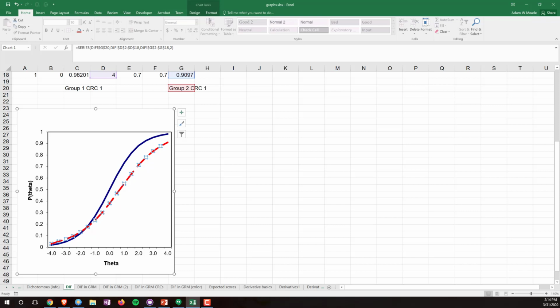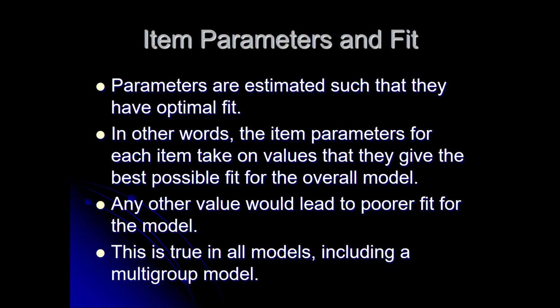So the point here is that any value that we could put in for those item parameters would lead to a fit of the model. So we normally estimate them from the data, but we could also manually put some values in there, and we could measure fit just by plugging those into the model.